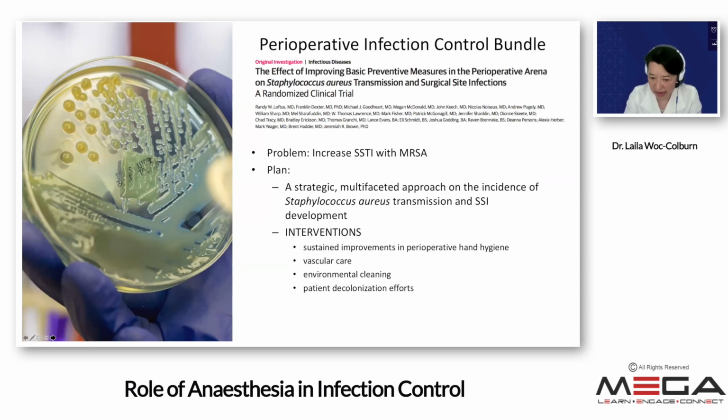The vascular care: how you clean it, if you restock, if you use a multiple-dose vial. Environmental cleaning, that work area, keeping an area that is dirty and an area that is clean, and decolonization efforts for the patient. So basically using Hibiclens cleanse and mupirocin to decrease the amount of MRSA in the axilla, nares, and the groin area.